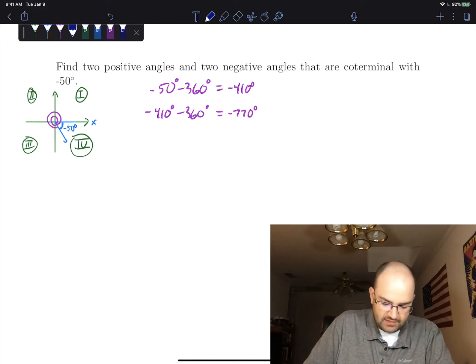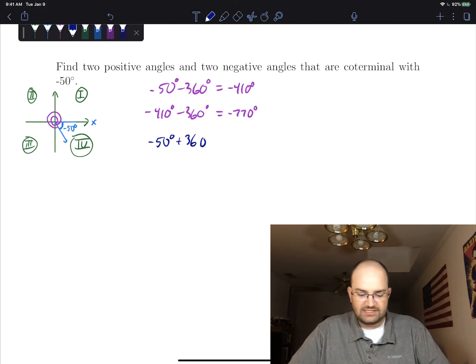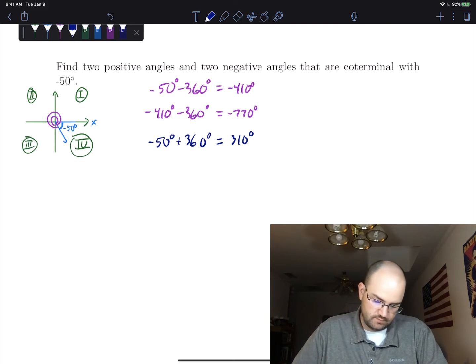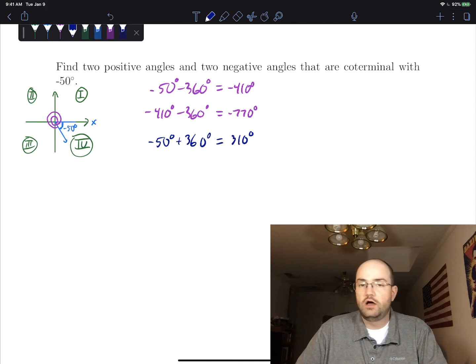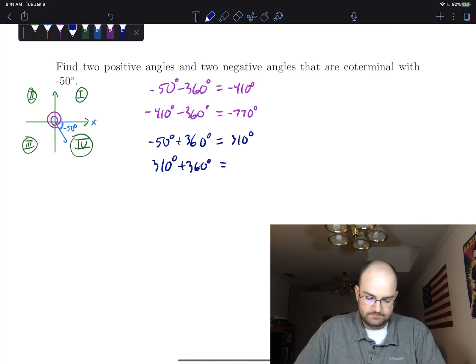So what I'm going to do is start out with the initial, negative 50 degrees, and add on 360 degrees. And that will give me positive, what is that, 310? So 310 degrees, awesome. And so we're going to take that 310 degrees and add on another 360 degrees.